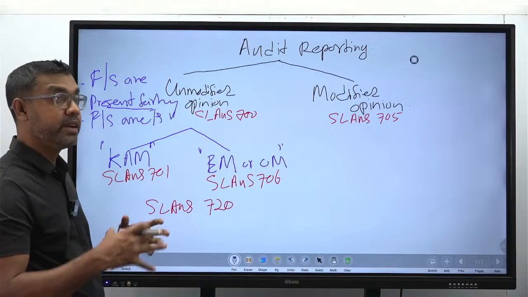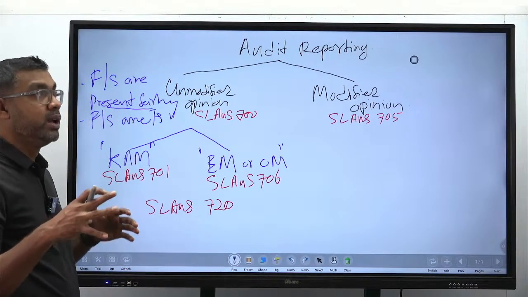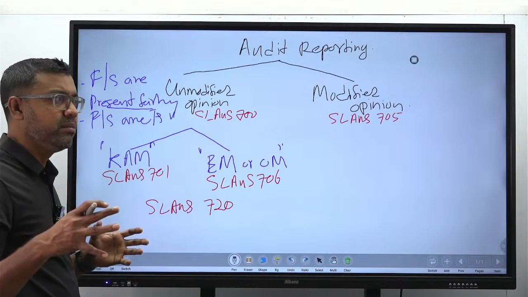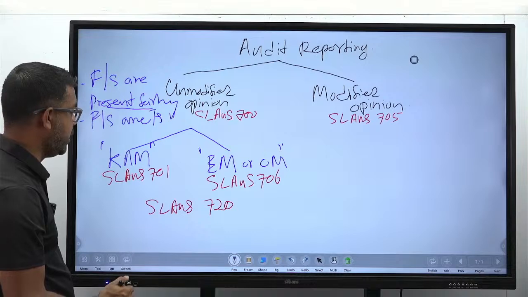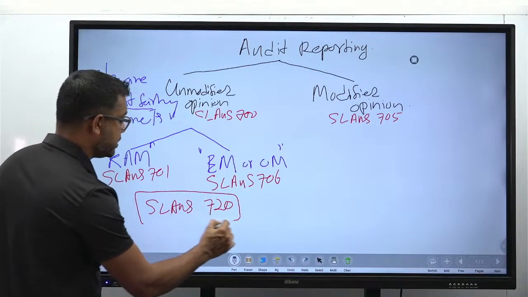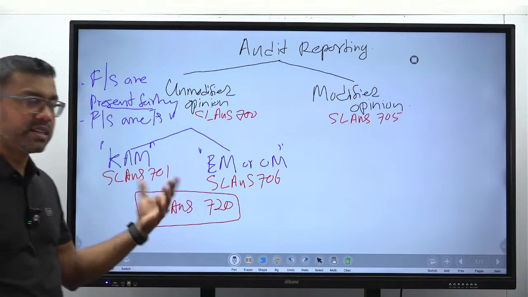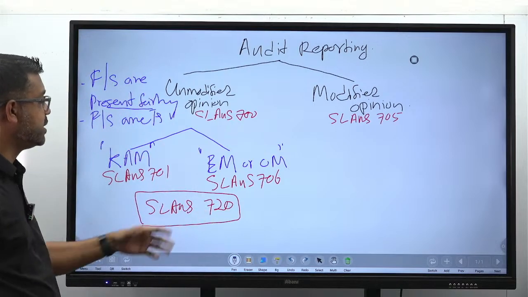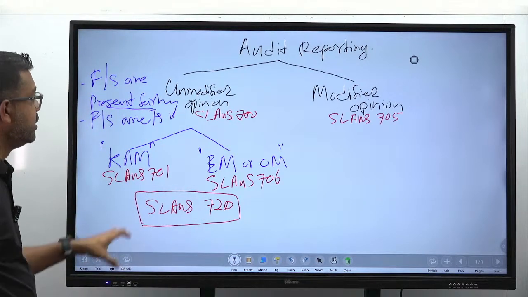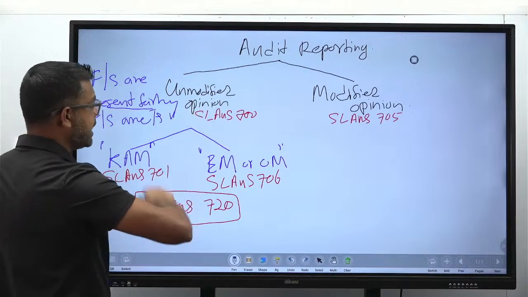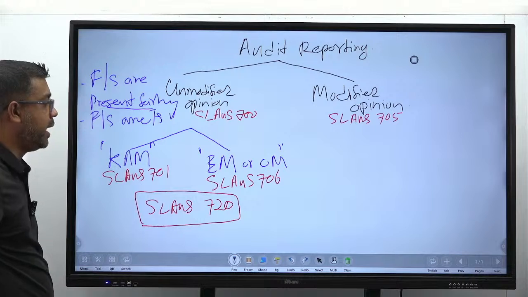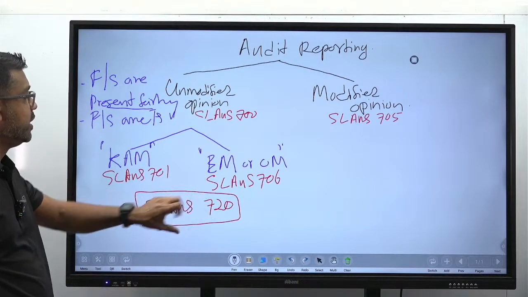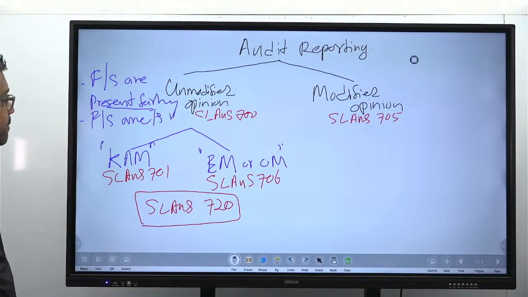But when you compare that with the annual report, those audited figures are not in line with the annual report numbers. Then you have to address those non-compliances in your audit report. If there are such non-compliances, you will use this standard to address them. We'll go through this later, right? Fine. So now how many standards? Five standards: SLAUS 700, 705, 701, 706 and 720. Other regulatory factors you will include in this section. SLAUS 720 addresses that.